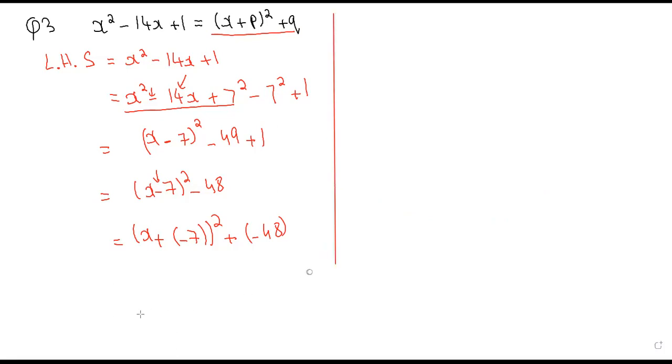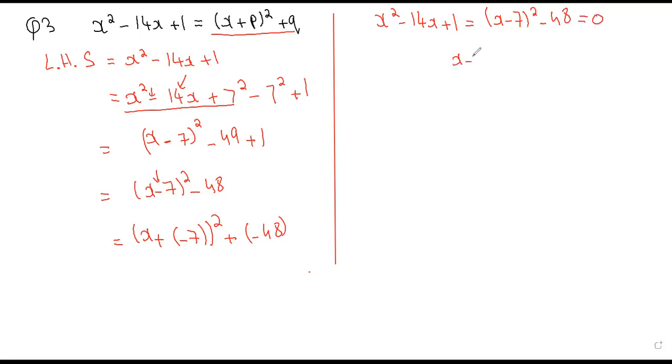So we need to solve x squared minus 14x plus 1. That can be written as (x minus 7) squared minus 48, and this should be equal to 0.